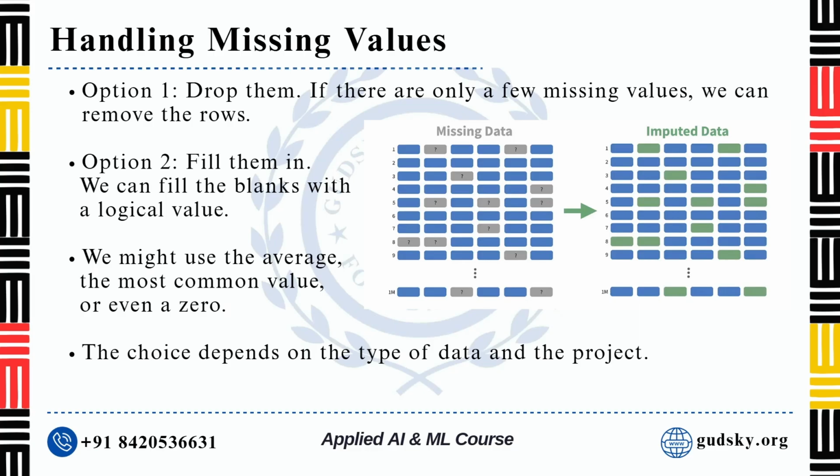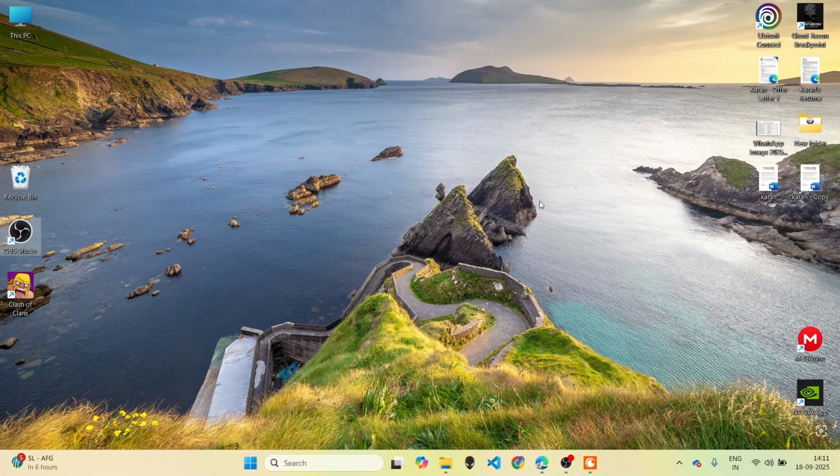We will fill the empty spots with a logical value, like the average of the column, the most common value, or even a zero. The right choice depends entirely on the type of data you are working with. I will show you how to deal with these kinds of problems and handle the missing values.